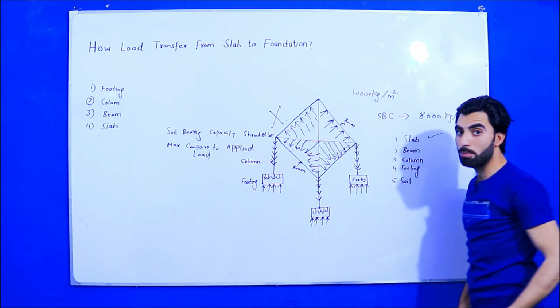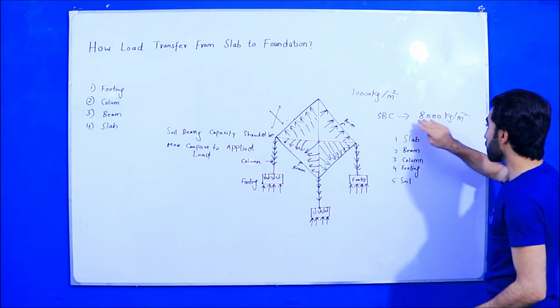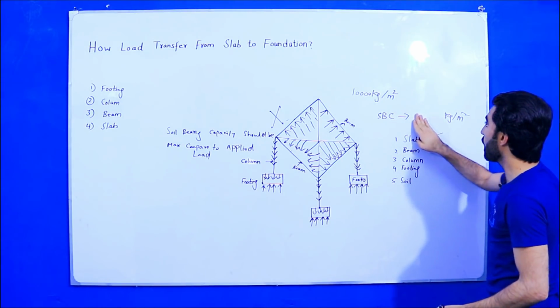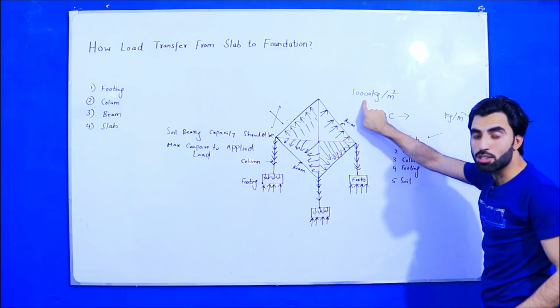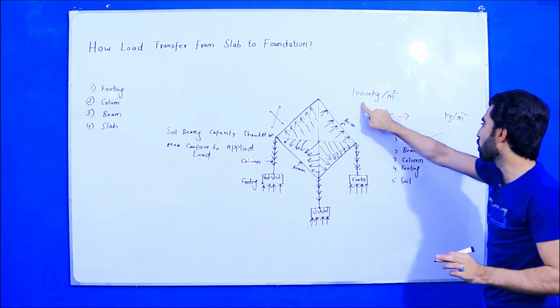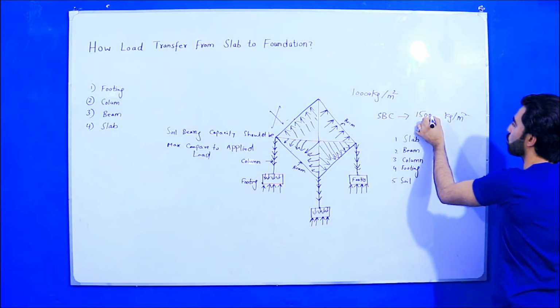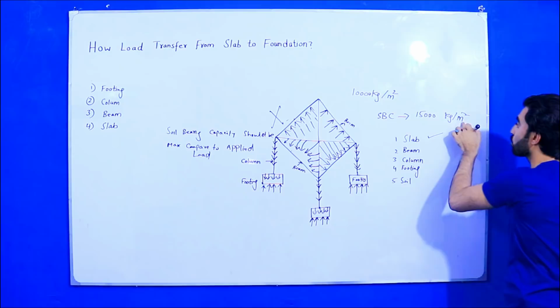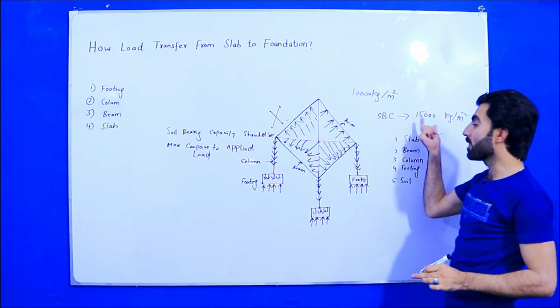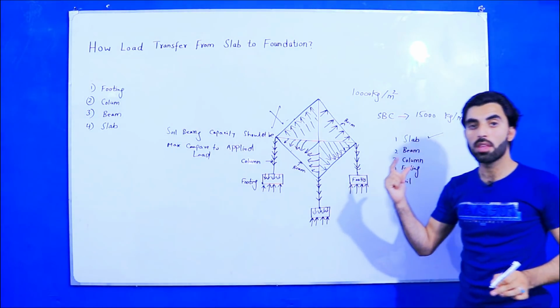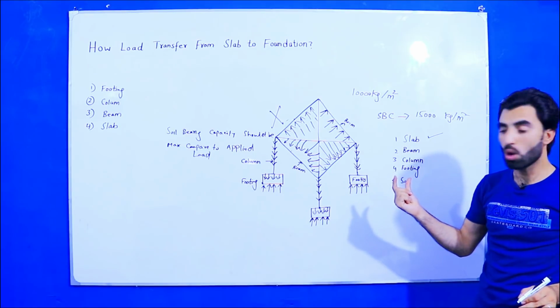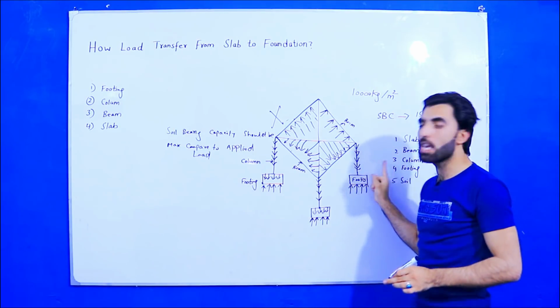Remember, the structure will fail. But if the SBC is more than the applied load, more than the structure load, for example 15,000 kg per meter square, then with a factor of safety, the structure will be safe.